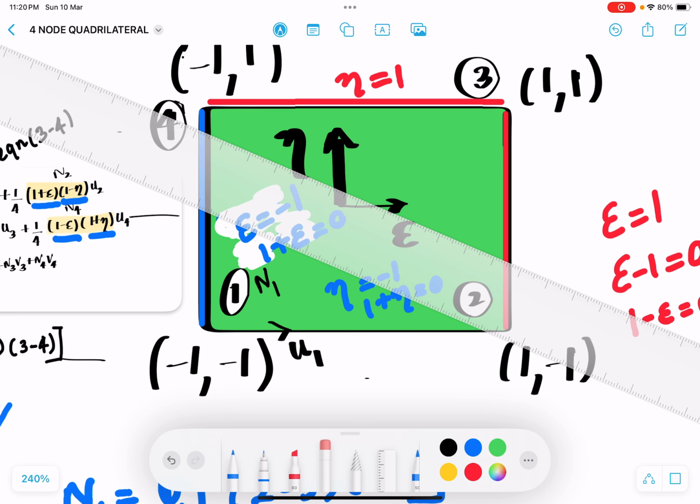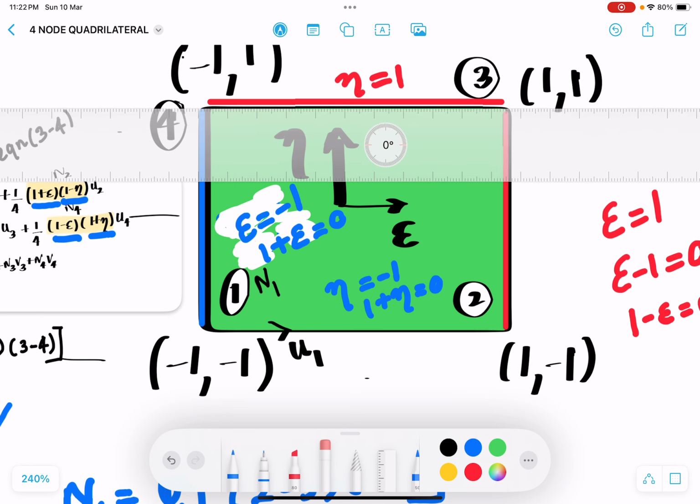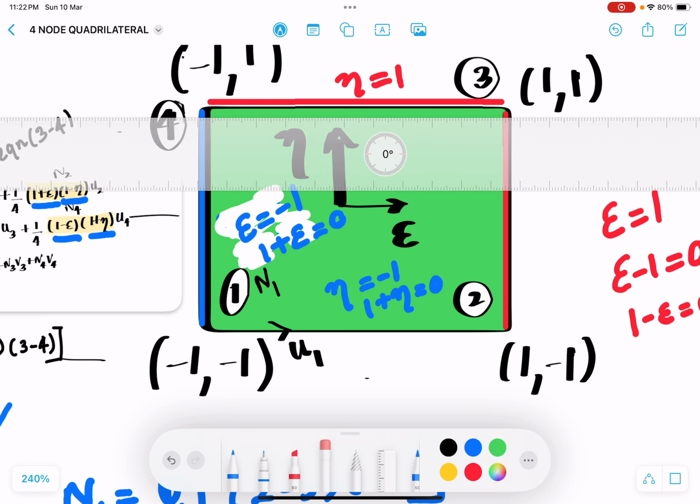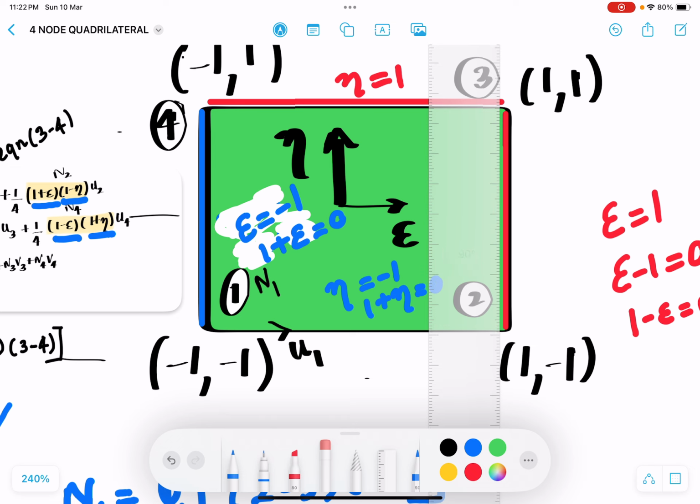Why? Because the pattern is you have to come up with the minimum number of equations. So in order for you to find n1, the minimum number of equations will be the product of two straight lines, the equation of the line 3, 4 and the equation of the line 2, 3. So the minimum number of equations will be two line equations, the equation of the line 2, 3 and 3, 4.